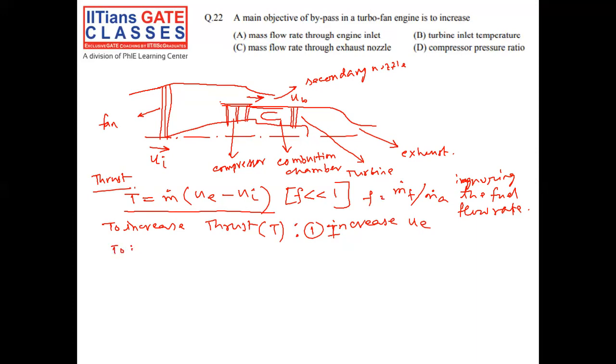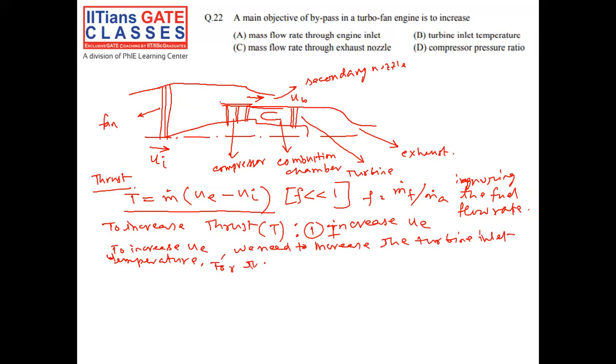So to increase UE, we need to increase the turbine inlet temperature. Now, to increase the turbine inlet temperature, we need to inject more fuel in the combustion chamber. For that, more fuel has to be injected.